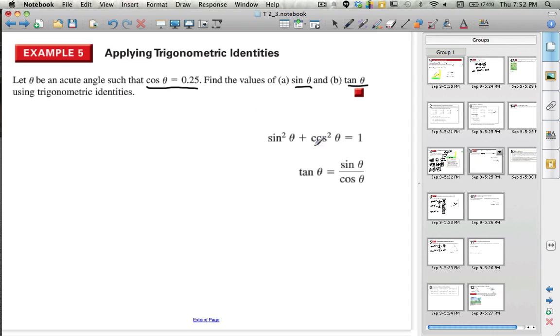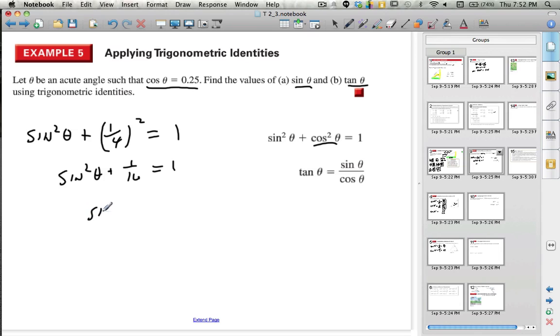Well, if I know cosine, that means I can find sine, because I know that sine squared theta plus cosine squared theta, in this case it would be 0.25, and I'm going to make it 1/4 because I'd rather work with the fraction, equals 1. That means that sine squared theta plus 1/16 equals 1. And so sine squared theta would equal 1 minus 1/16, which would be 15/16.